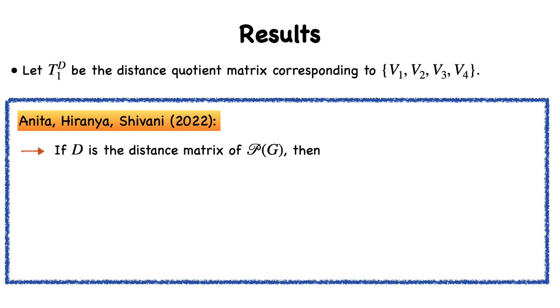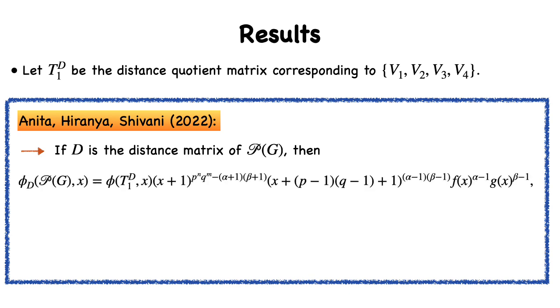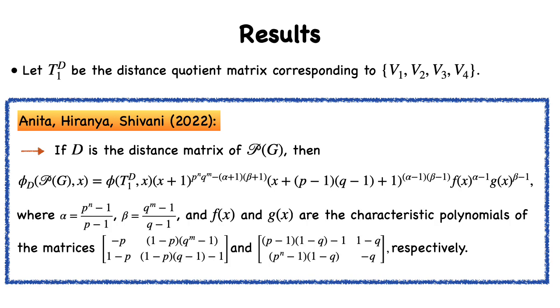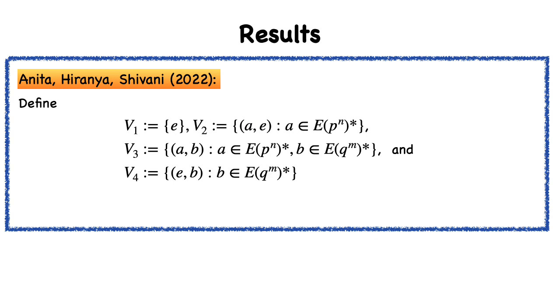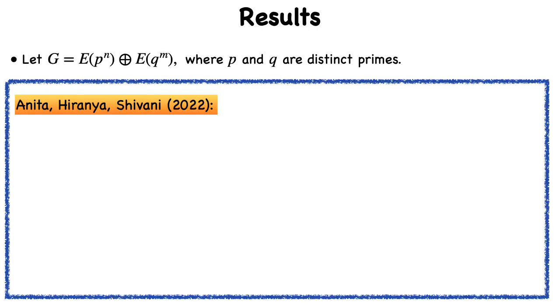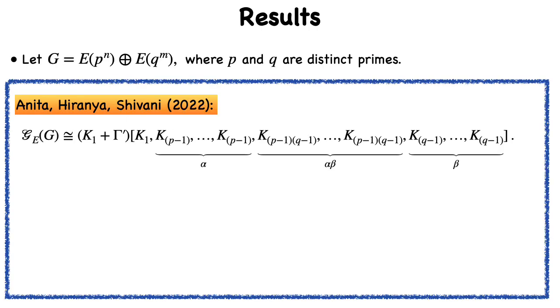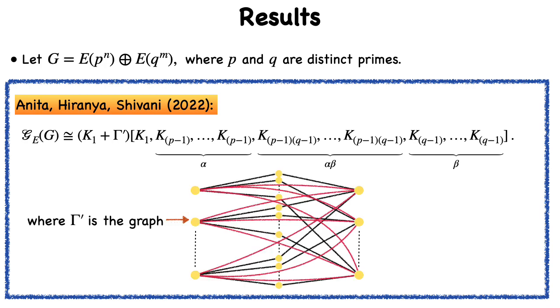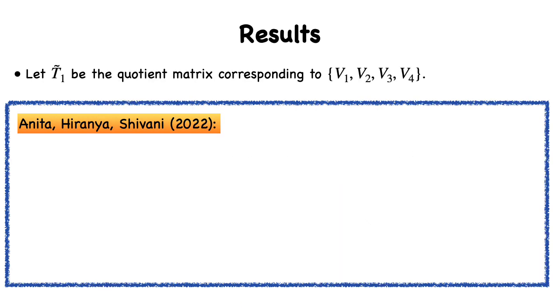Next, we found the distance characteristic polynomial of the power graph of this same group using the distance quotient matrix based on the equitable partition V1, V2, V3, V4. We also proved that this same partition is an equitable partition for the enhanced power graph, which led us to a joint representation of its enhanced power graph in terms of graph gamma prime, where gamma prime is the graph given here.